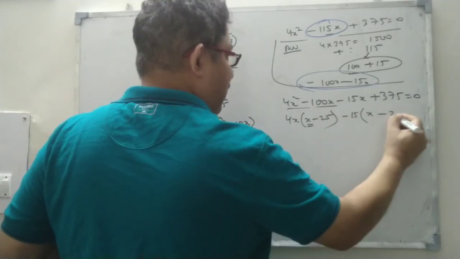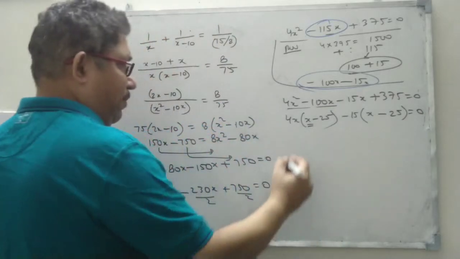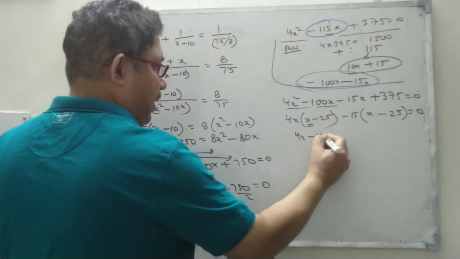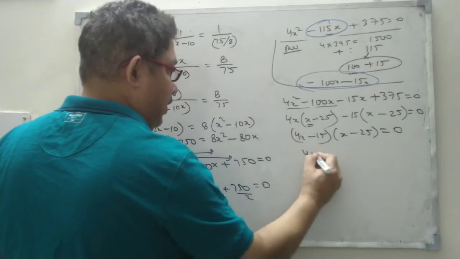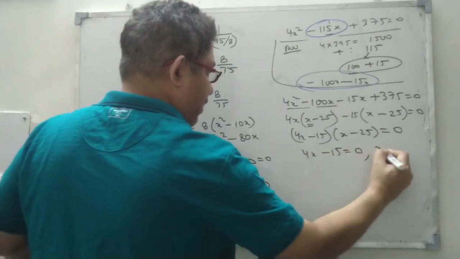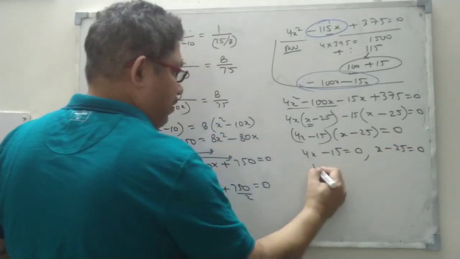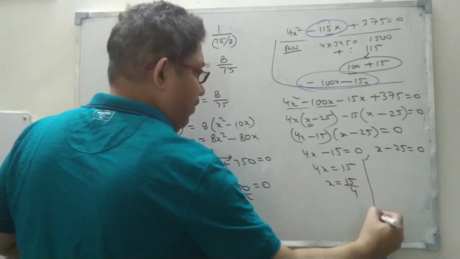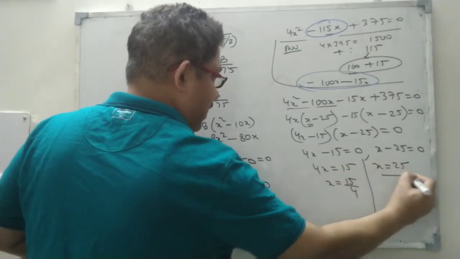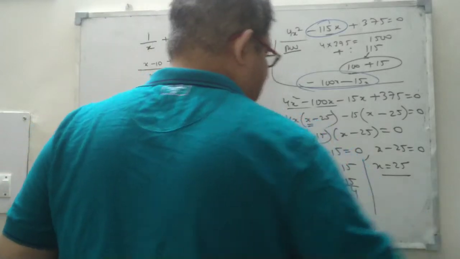So 4x minus 15 and x minus 25 equal to 0. 4x equal to 15, x equal to 15 by 4. And this is x equal to 25.